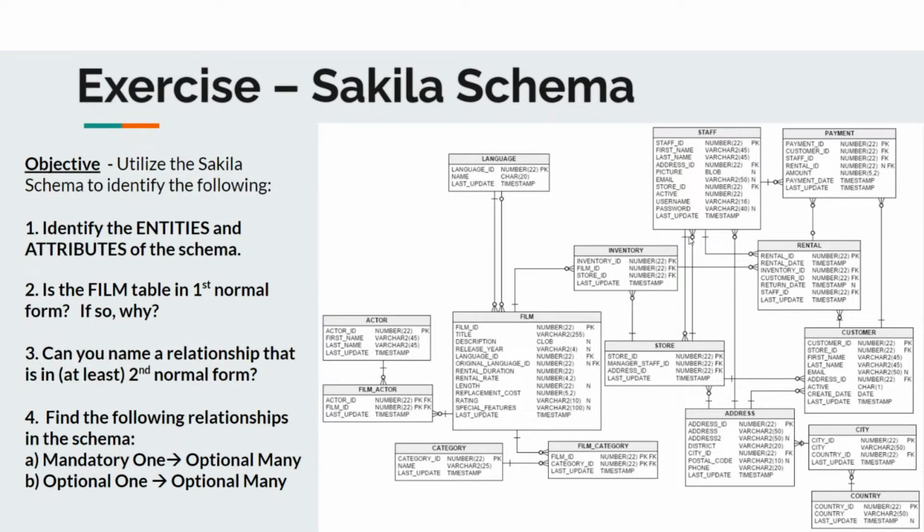And you can tell that by the relationship right here. Right. So optional one to optional many. Oh, that was actually, store has optionally one-to-many staff, not mandatory one. So mandatory one, yep, this is a mandatory one.